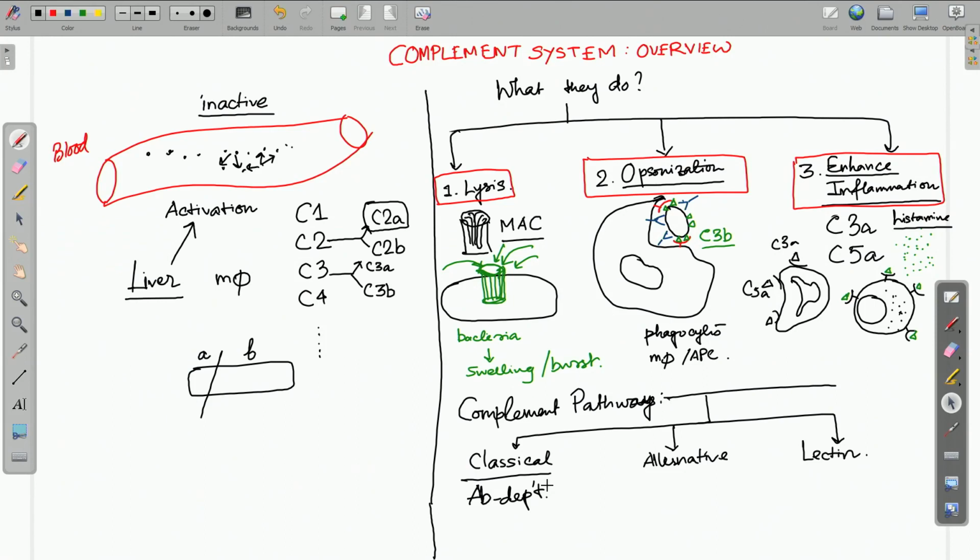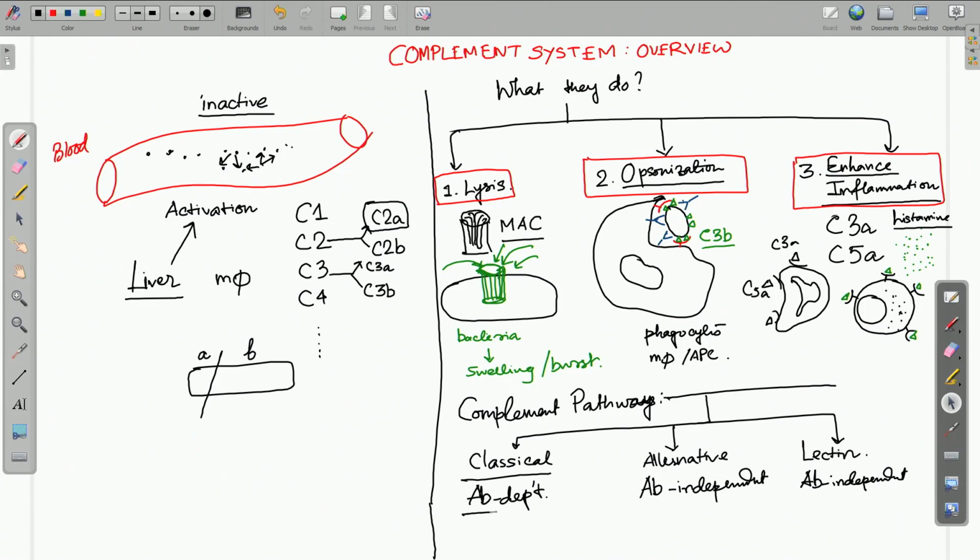The classical pathway will not be initiated if there is no antibody antigen interaction. The alternative pathway is an antibody independent pathway, and the lectin pathway is also an antibody independent pathway.